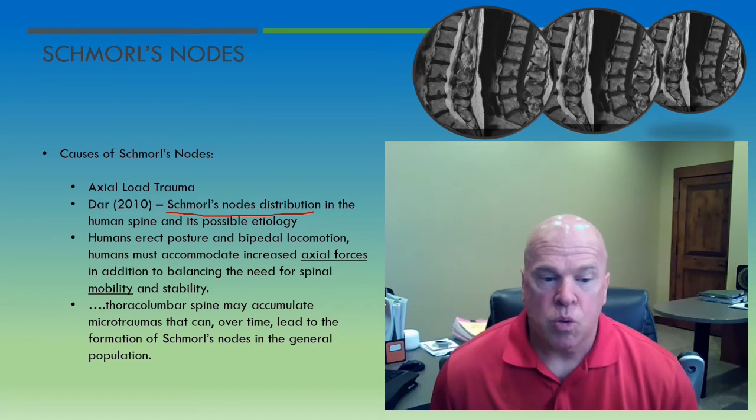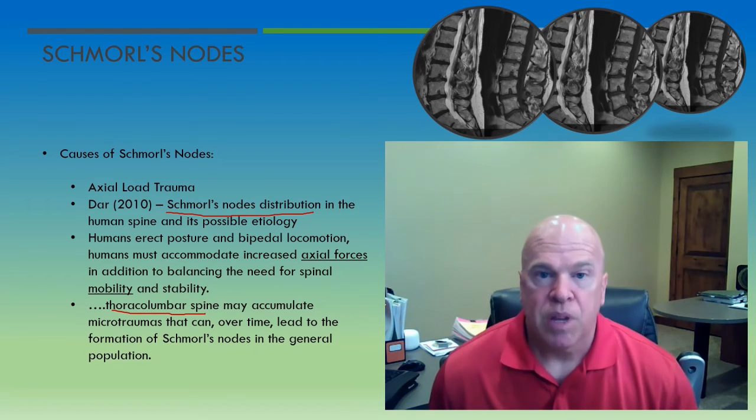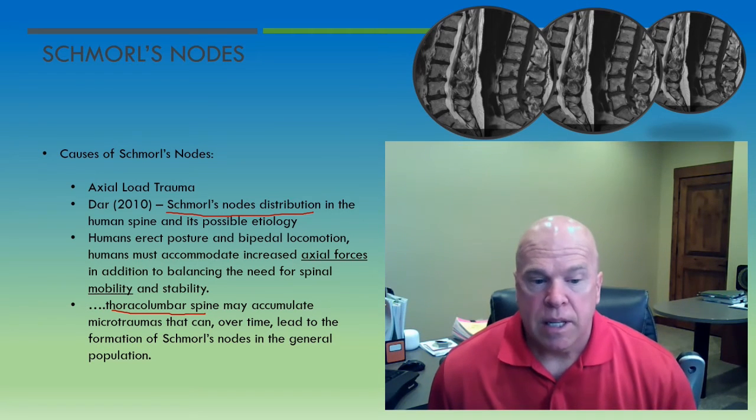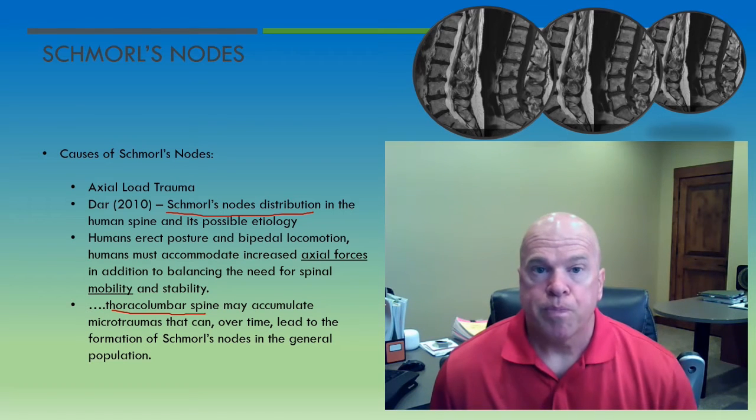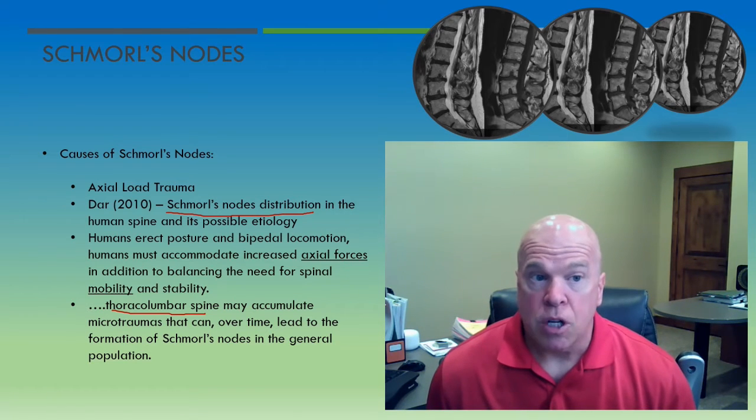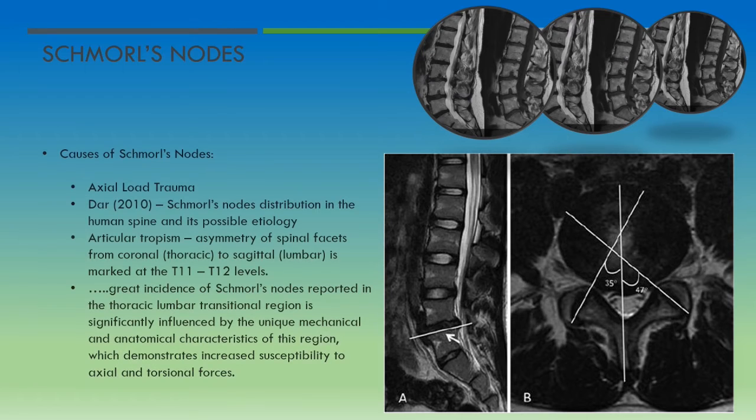So the conclusion was that the thoracolumbar spine may accumulate microtraumas that can, over time, lead to the formation of Schmorl's nodes in the general population. And Dar related these high axial loading forces and these high mobilization and stabilization forces in the thoracolumbar region to the alignment and orientation of the articular facets of the thoracic spine and then of the lumbar spine.